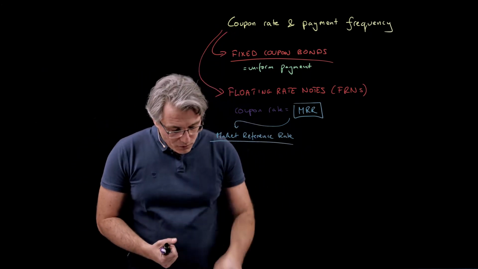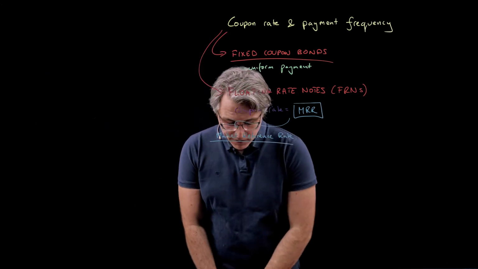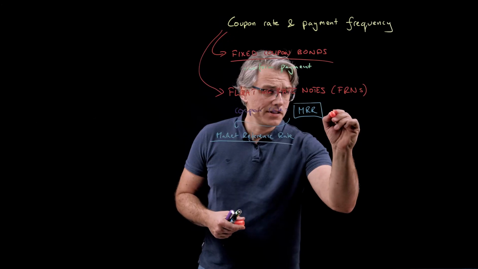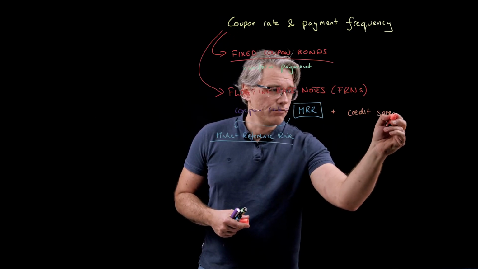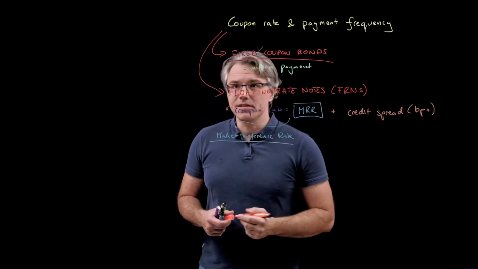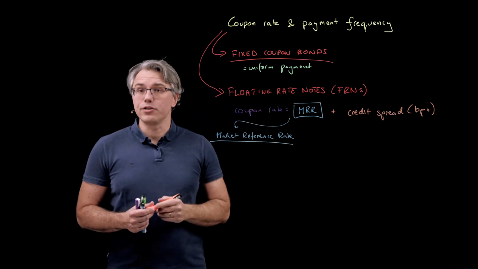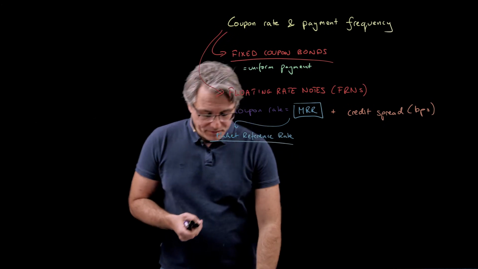And on top of this, the MRR, we also add an additional component called the credit spread, which will typically be provided in BPSs, or basis points. Don't worry, in a moment we'll do a question together that addresses these concepts with a proper computation.